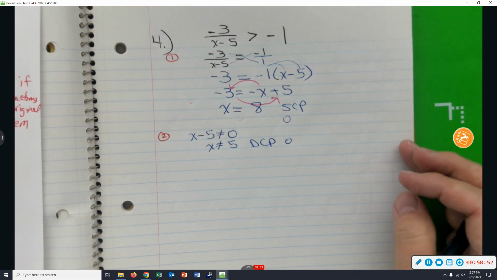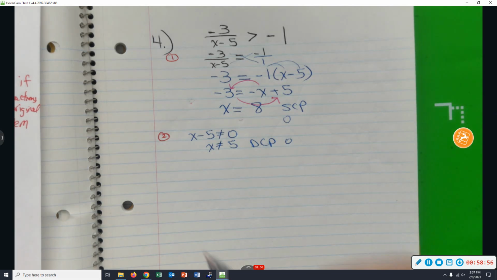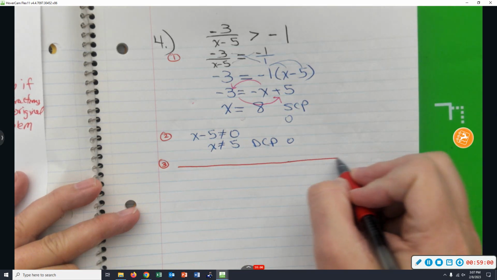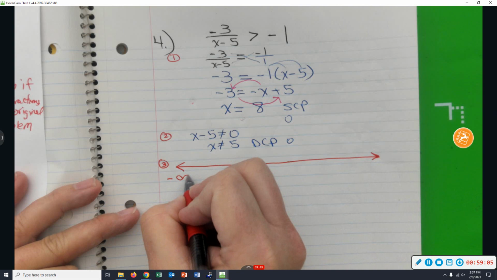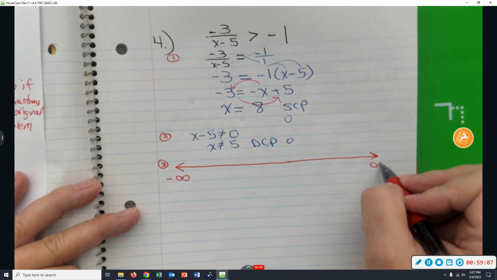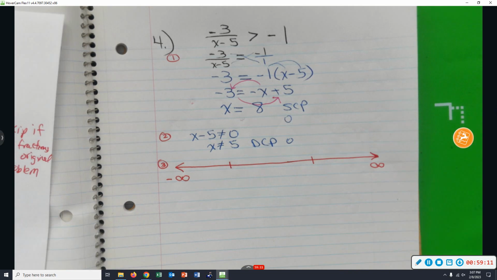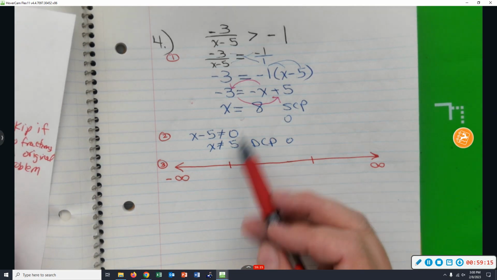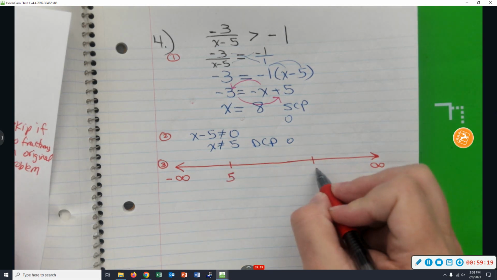Third step, what am I going to do? Okay, number line. Now here it's pretty easy to label the cut points in numerical order. So we have 8 and 5. Here I'll have 5, 8.